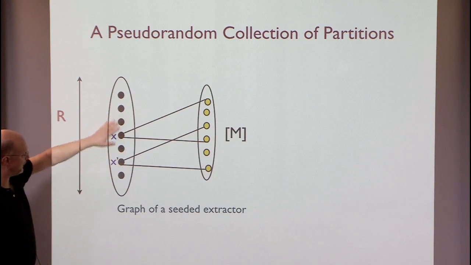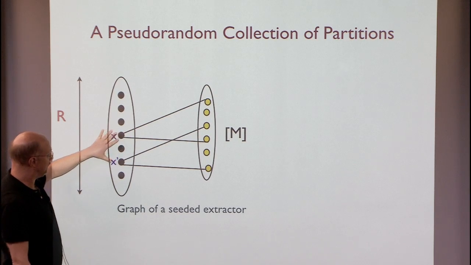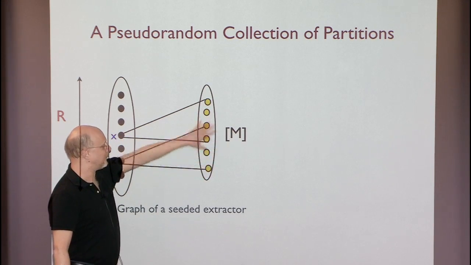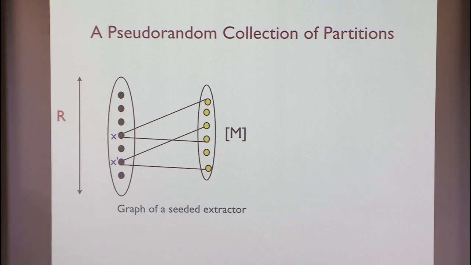So the extractor property usually says that if you look at a large subset here, it distributes almost randomly over here. But we're not going to look at it that way. We're going to take this alternate view as follows.